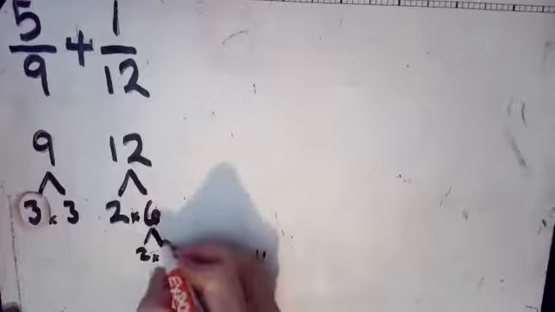I can say 6 is 2 times 3. So once again, now I've broken them all into prime factors. And I'm going to look to see what number they share. And I notice that they share a 3. There's a 3 in 9 and a 3 in 12.